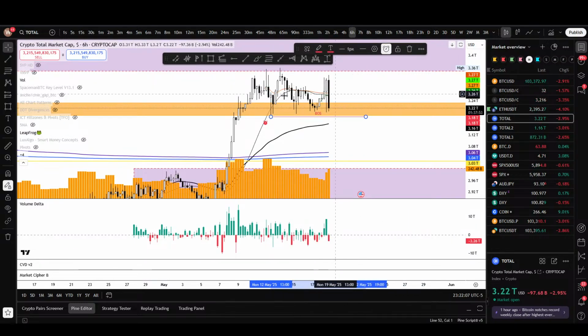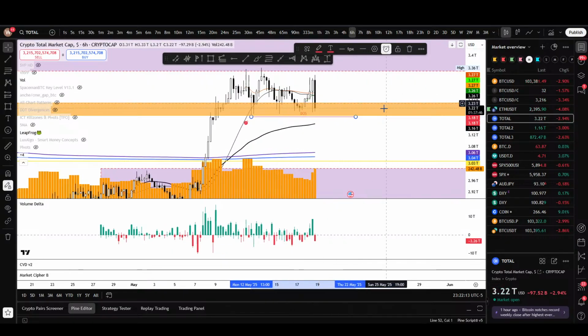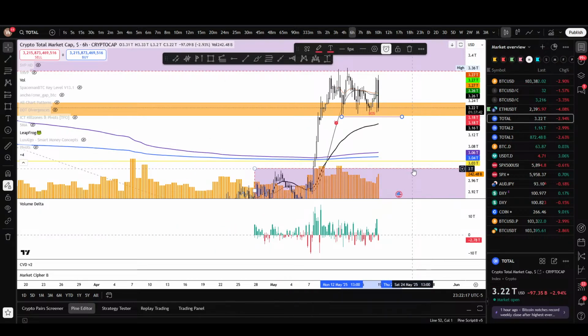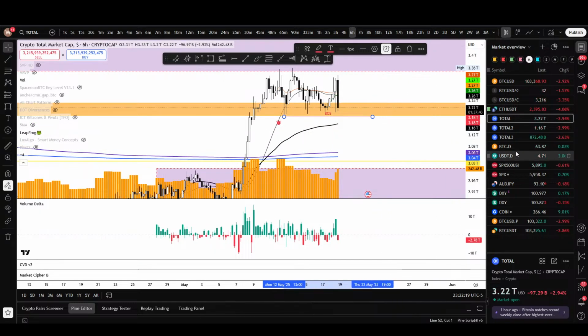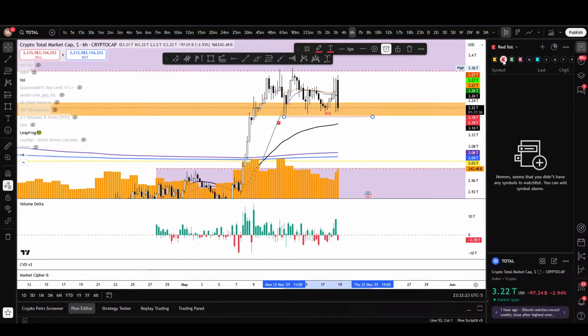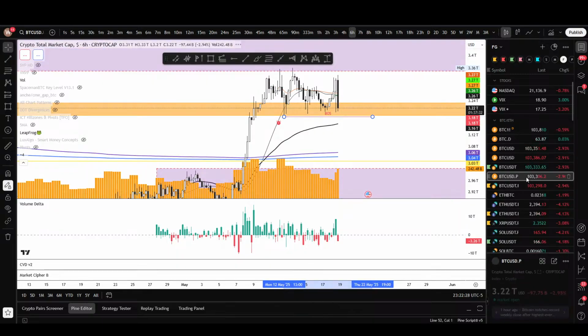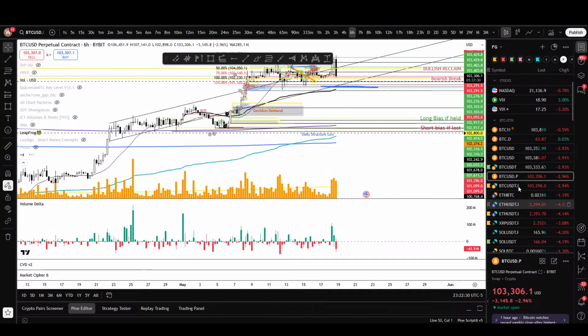You don't want to close any 6 hour candles below here, because then you lose your 6 hour uptrend on total. And yeah, you're probably coming back to retest 3 trillion. Yeah, alts are just getting wrecked.